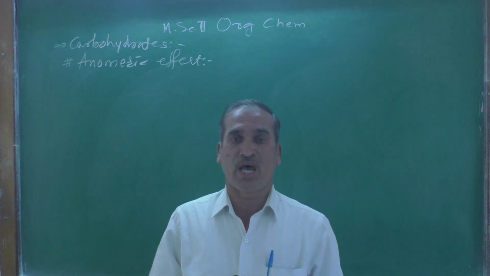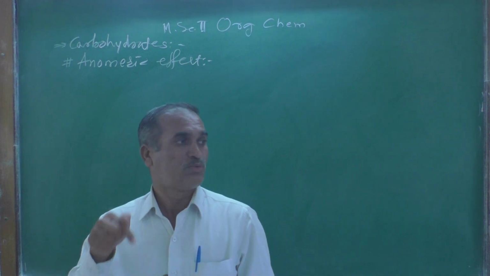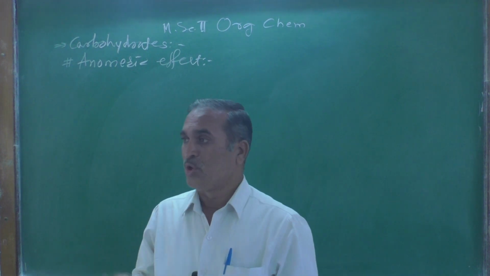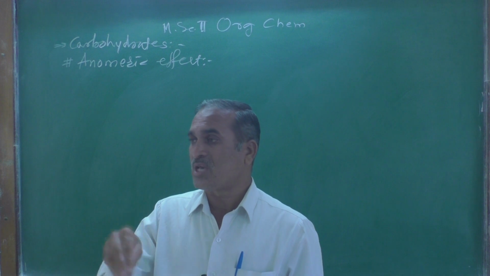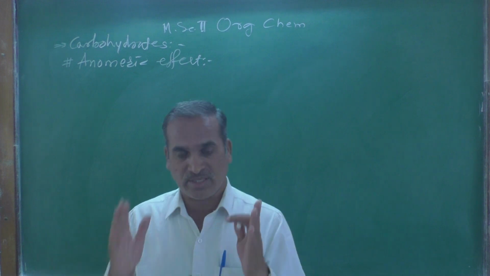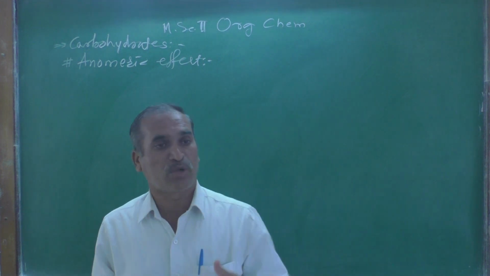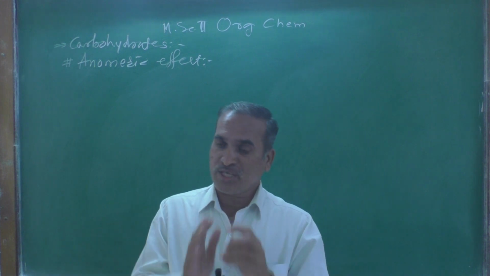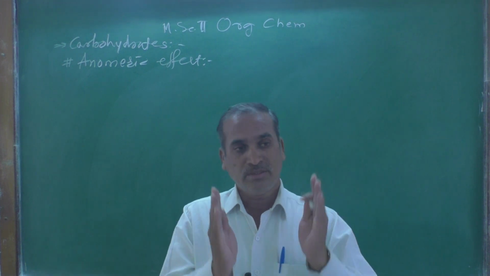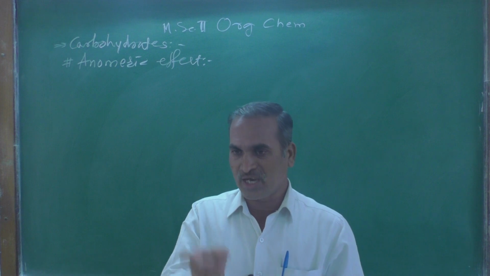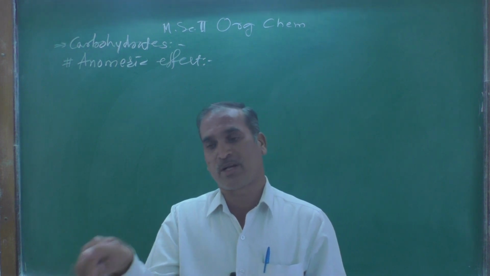And now the anomeric effect. Where does the anomeric effect occur, what is the actual meaning of the anomeric effect, how do the properties change, and how can we compare the stability of the alpha form and the beta form?